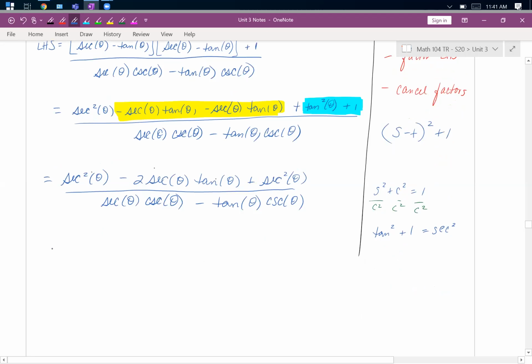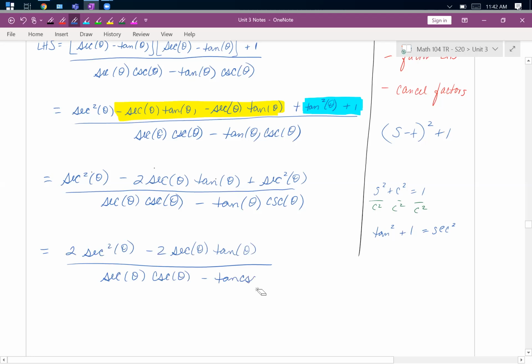Those 2 secant squareds can be combined. 2 secant squared minus 2 secant tangent. Any questions so far on what we've done or why we've done it?